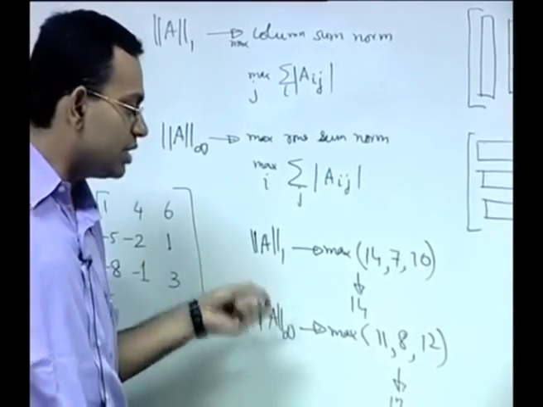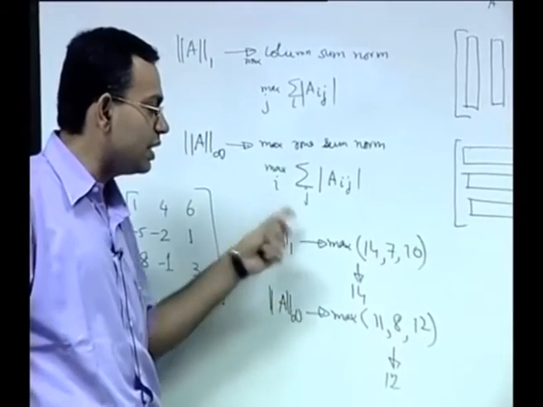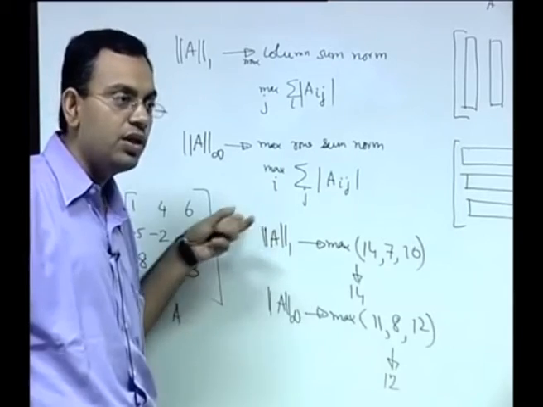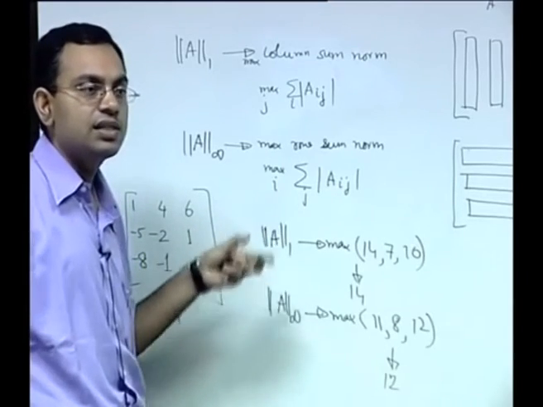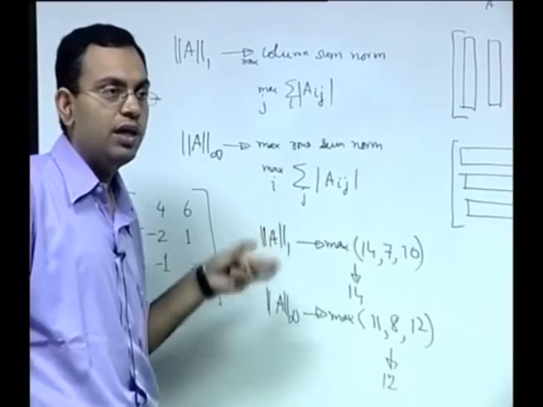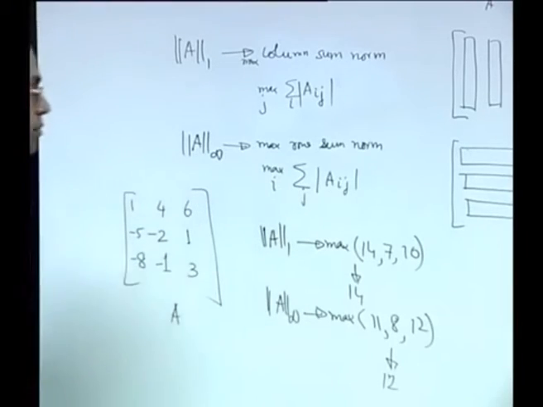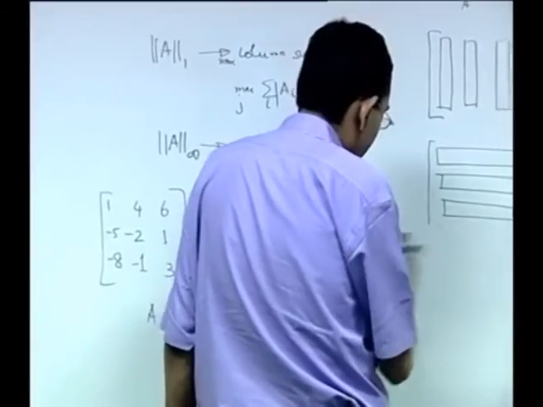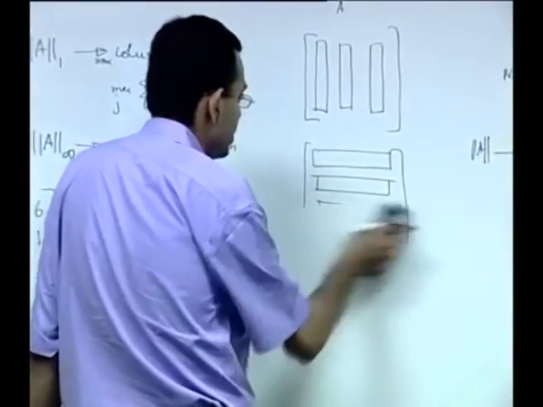And because of that, and because of the fact that they give some limiting values of the norms, these norms are very commonly used for error analysis in numerical methods. Okay. Now next we will try to learn some important properties of these norms.